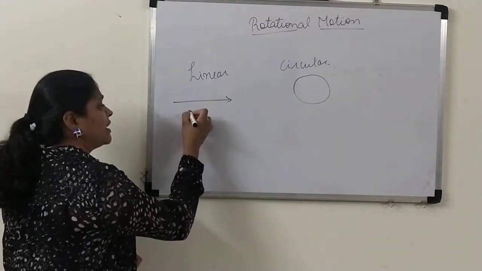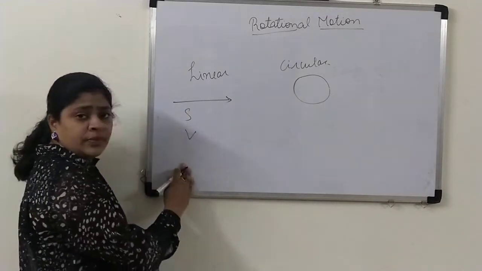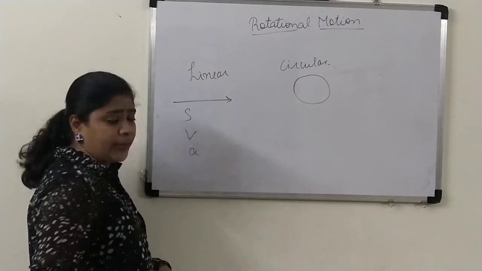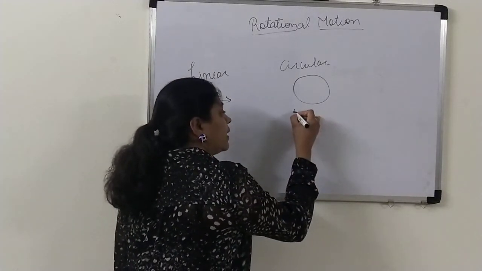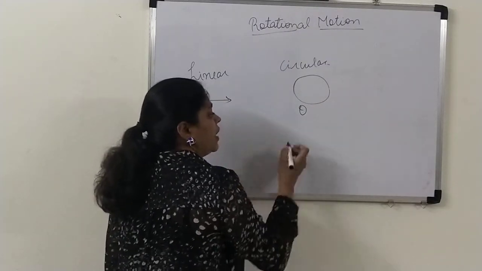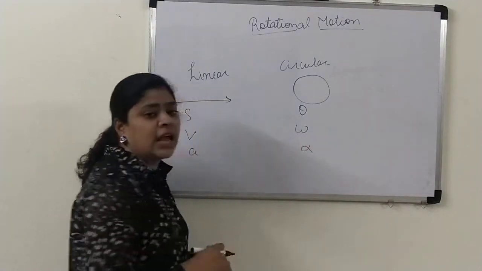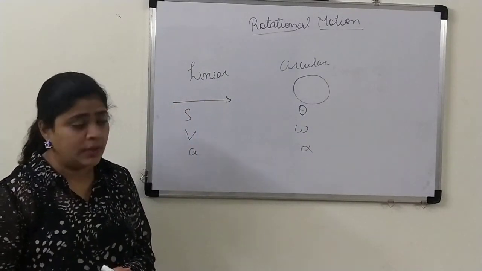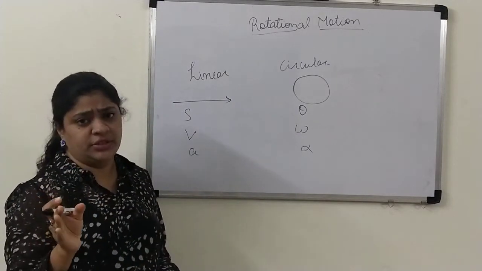In linear, displacement is s, velocity is v, acceleration is a. In circular motion, displacement is theta, velocity is omega, acceleration is alpha. These are the same things, but there is a slight difference.